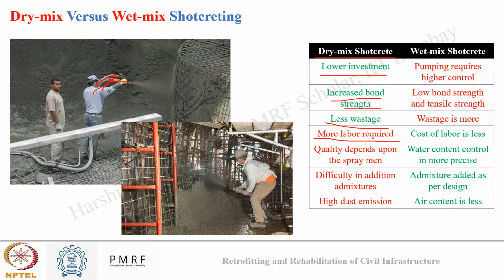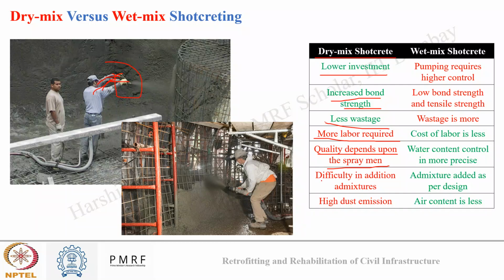Here, the quality of the material that I am applying will depend on the spray man. Why? Because he is the one who is controlling how much water will be mixed with the dry material, and that can change the water to cement ratio, which can change the strength of the material that I am applying.